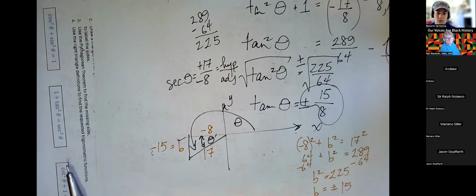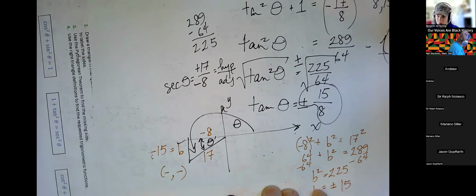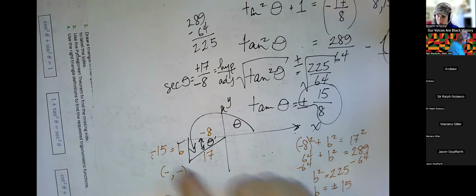What are the signs in quadrant 3? Negative, negative. Yes. That means that both legs are going in the negative of their particular direction. 8 is going in the negative x direction. 15 is going in the negative y direction.